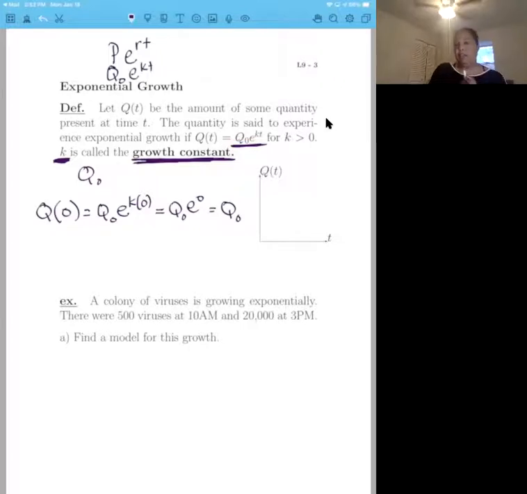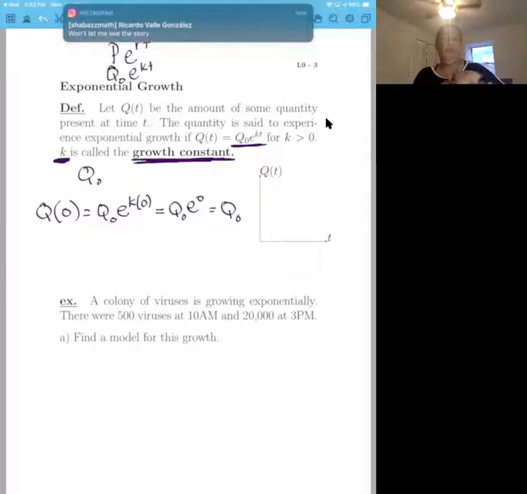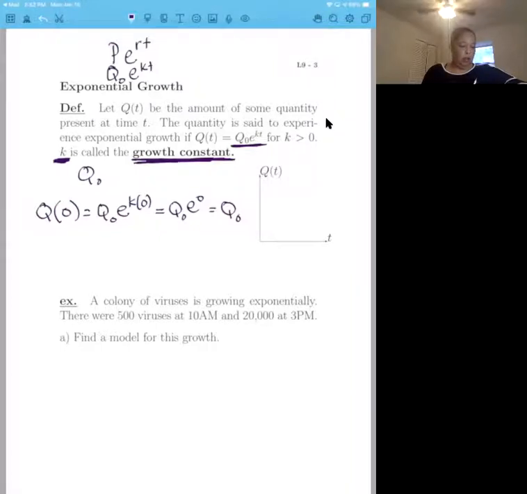But your K is your growth constant, T is still your time, and instead of the amount invested, you have the initial amount. Depending on what it is, like the population or the initial amount of grams, it depends on what the model is modeling.